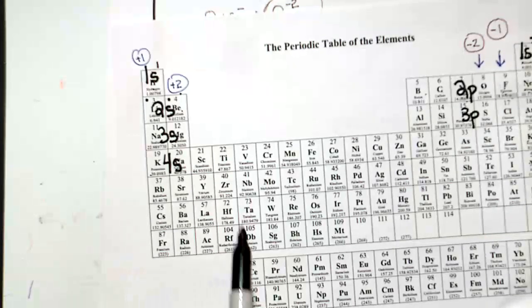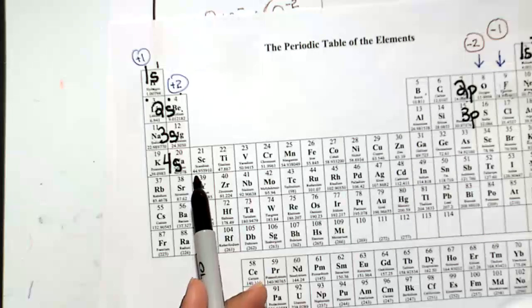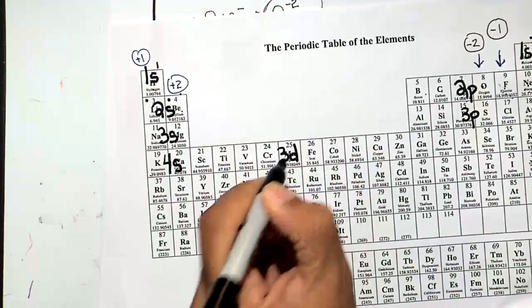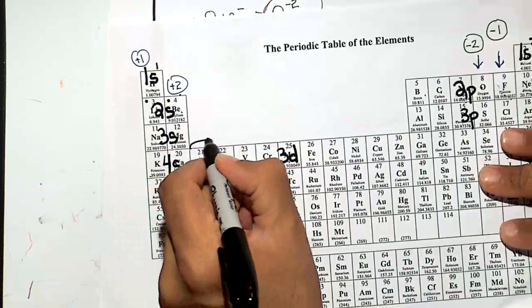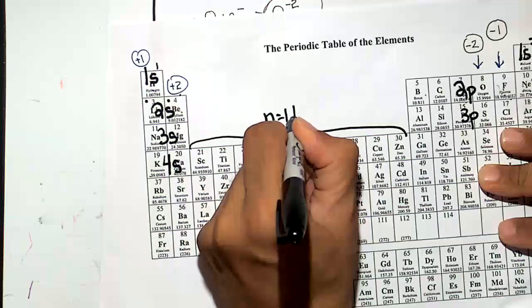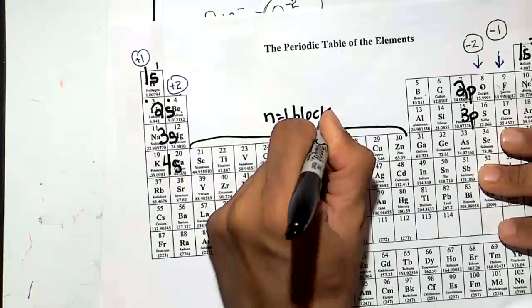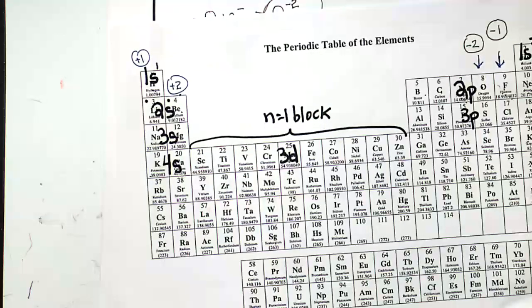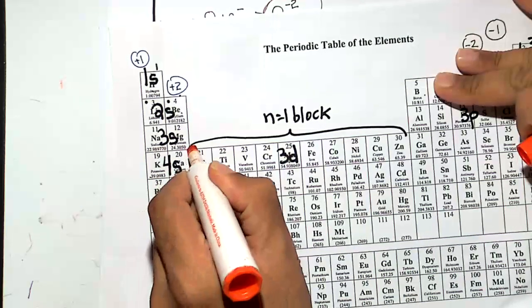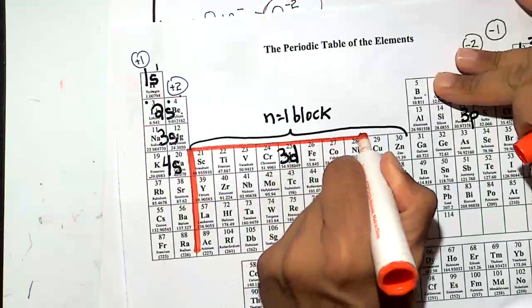All right, what is next here? It's not 4d, but it is 3d. This is called the n minus 1 block. So what is the n minus 1 block? It's all the things that are in this orange box.